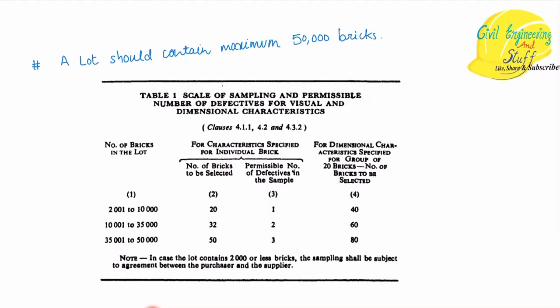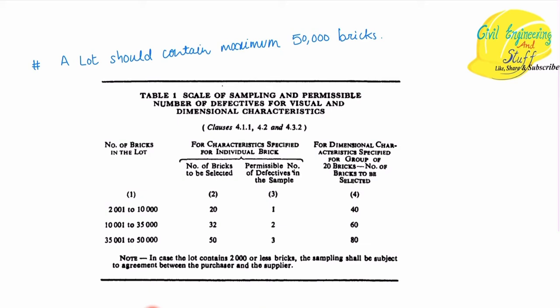So after we have decided the sampling method to be adopted, the next question is how much quantity of bricks needs to be taken. Again, the IS code specifies the quantity of bricks to be taken for testing.